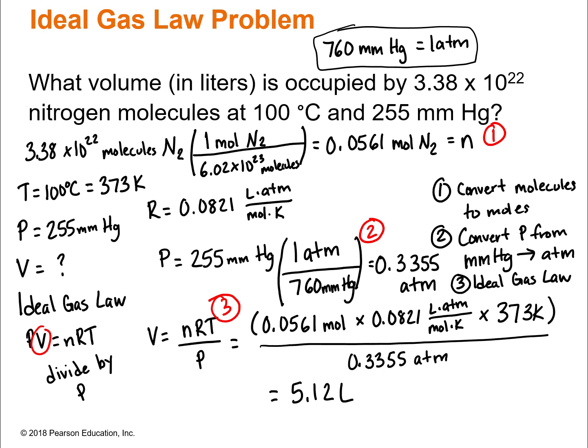So when it comes to the units, let me write it. I'll write the units out with no numbers in a different color. When you are looking at it, it's in a fraction, right? So what it really means is this: moles times liters times atmospheres times Kelvin over atmospheres moles Kelvin.